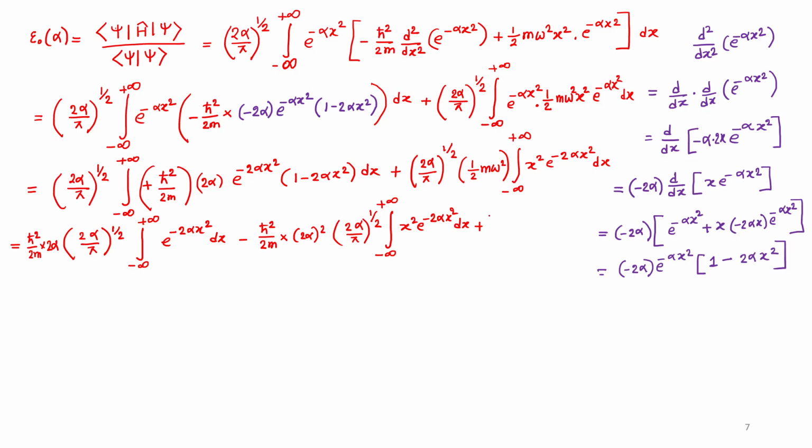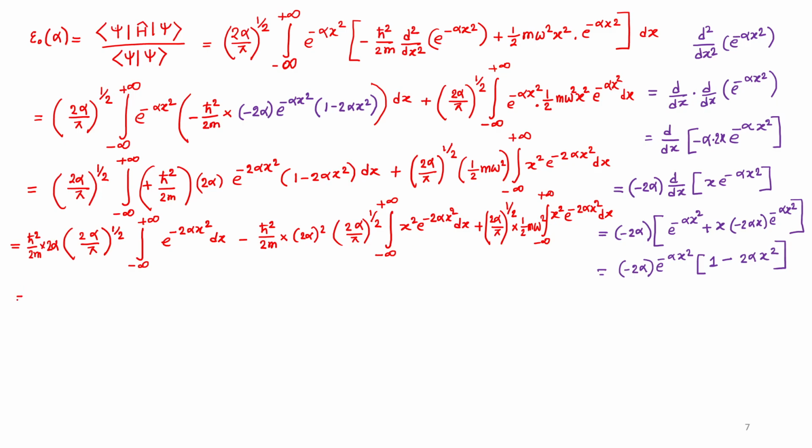And on this side we have the same thing. I have half m omega square minus 2 alpha plus x square e to the power minus 2 alpha x square dx. Now you will see here that these are all even functions inside the integrands.